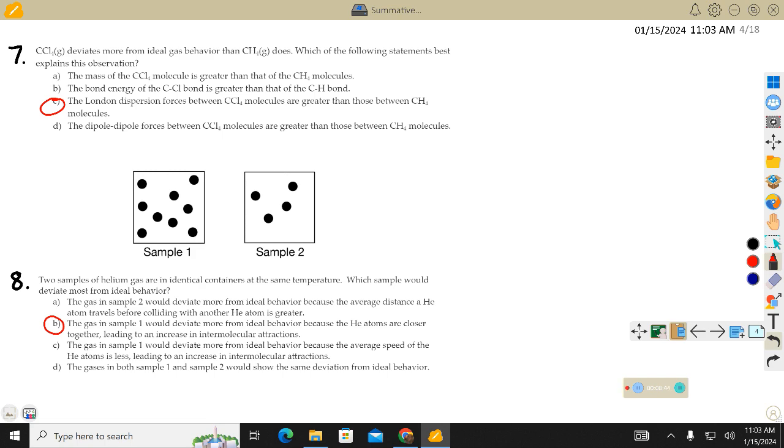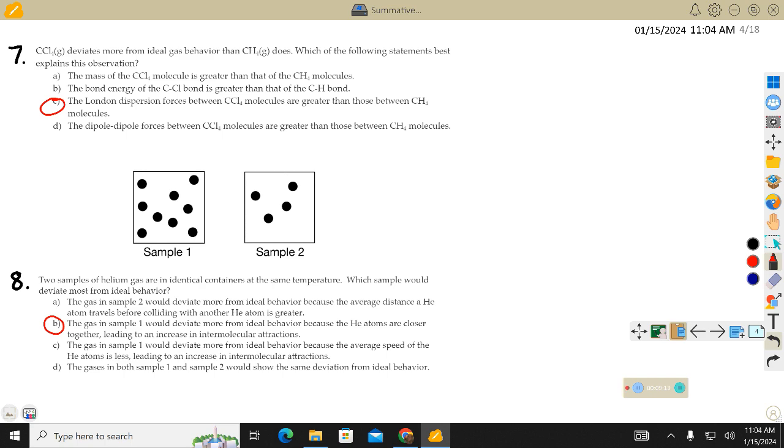And it must be that the London dispersion forces are just a little bit stronger. There's more total electrons, it's more polarizable. So if I did have stronger dispersion forces, there's a chance that those particles would be more attracted to each other and maybe they wouldn't collide as frequently or as forcefully as I would expect. Both nonpolar gases, so we're really just dealing with London dispersion forces.